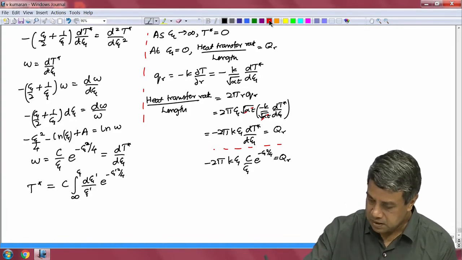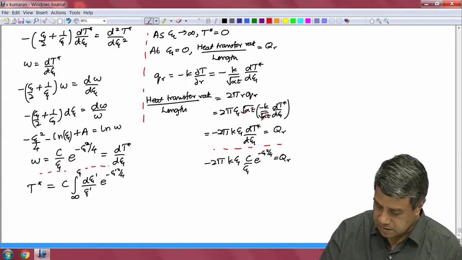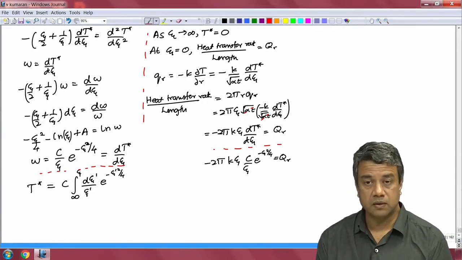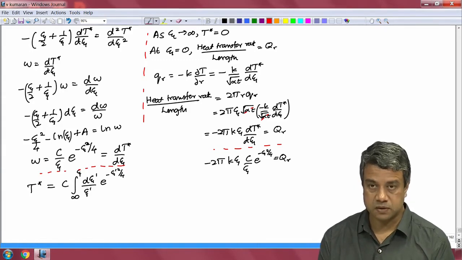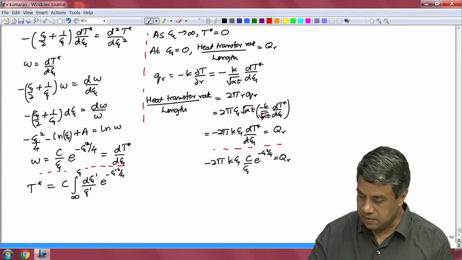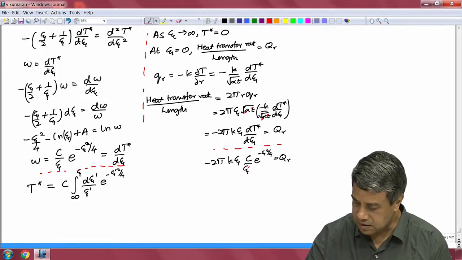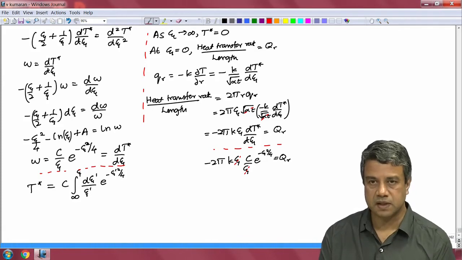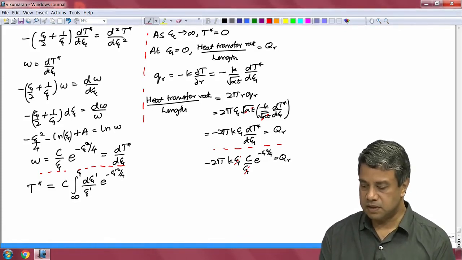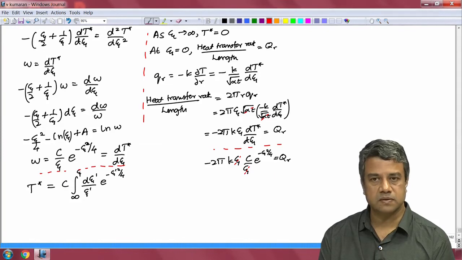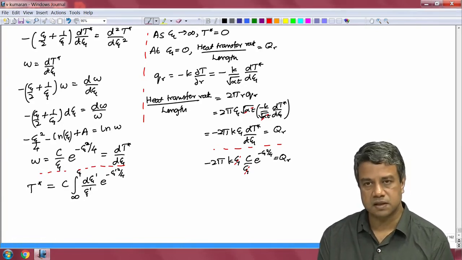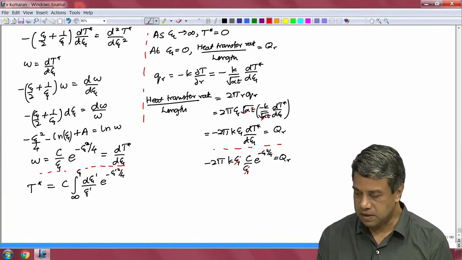You can see that I had to impose this in the limit as psi goes to 0. In that limit, you can see that these cancel out and you actually get a finite value for this heat transfer rate. The flux is actually infinite in this case. The flux goes as 1 over psi, so it is infinite, but the surface area goes to 0 in such a way that the heat transfer rate per unit length is finite, and that has to be equal to qr.